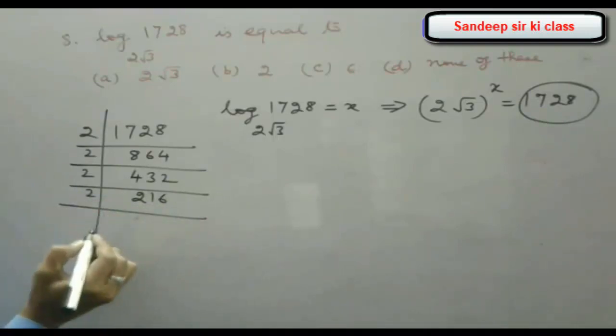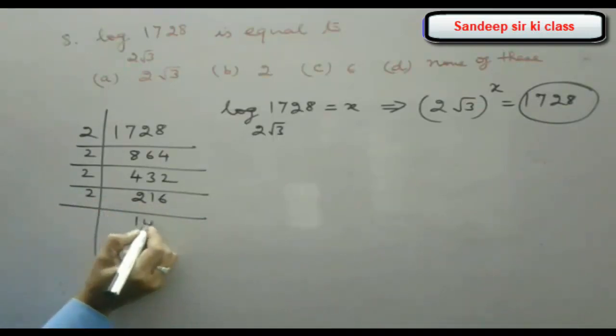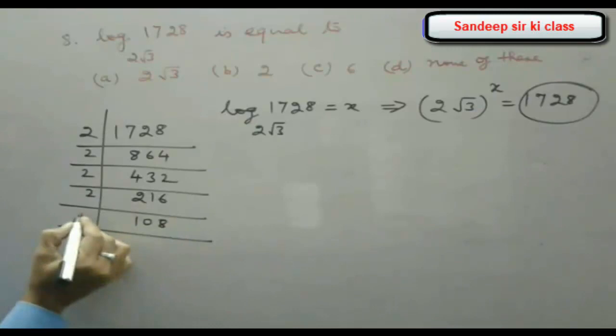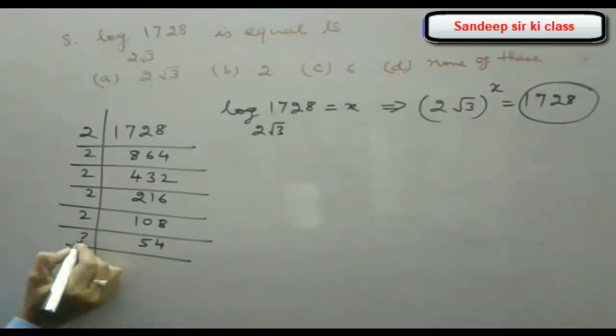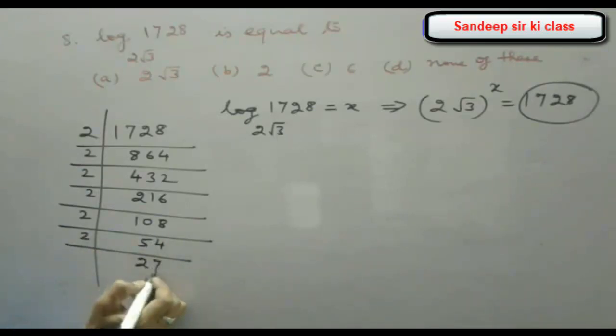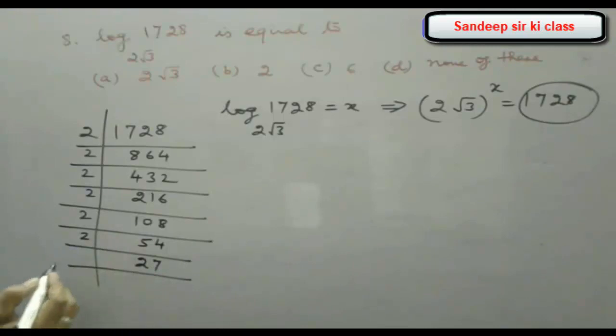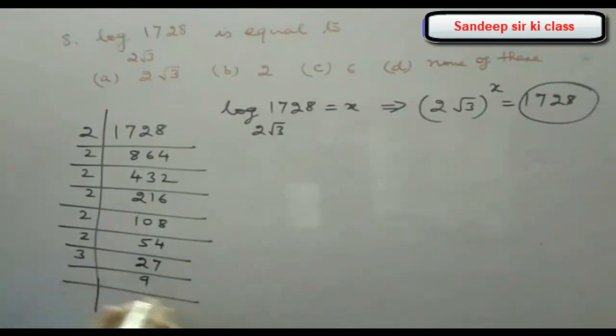Again we divide it by 2, we get 108. We again can divide it by 2, we get 54. And we again divide it by 2, we get 27. 27 is divisible by 3. We obtain 9. And 9 when divided by 3 gives us 3. And 3 divided by 3 gives us 1.